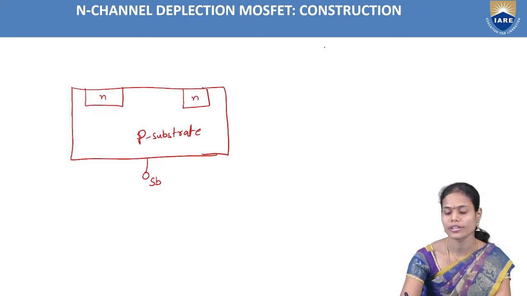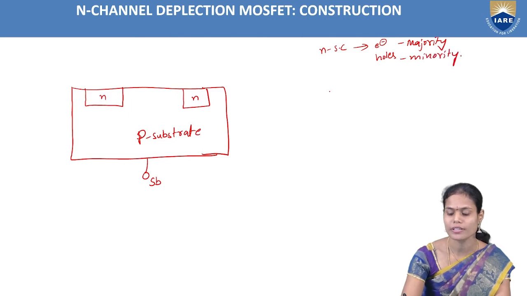We already know that in N type semiconductor material, the majority carriers are electrons and the minority carriers are holes. Similarly, in P type semiconductor material, the majority carriers are holes and the minority carriers are electrons.